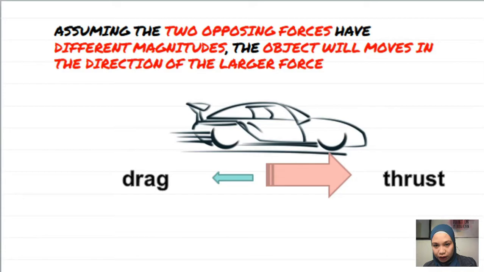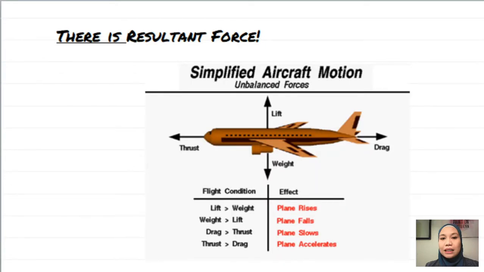If thrust is higher than drag, obviously the car will move to the right. Thus, we say that there is a resultant force because the car moved in the direction of the larger force. There are two forces and one force is higher than the other. So there is a resultant force. This is the example when there is a resultant force.